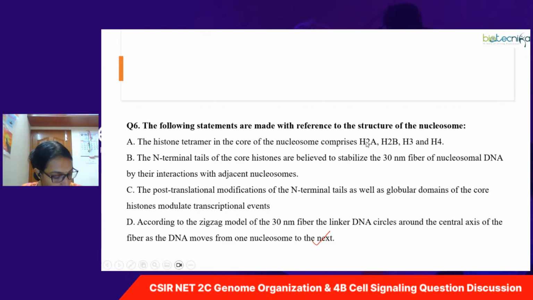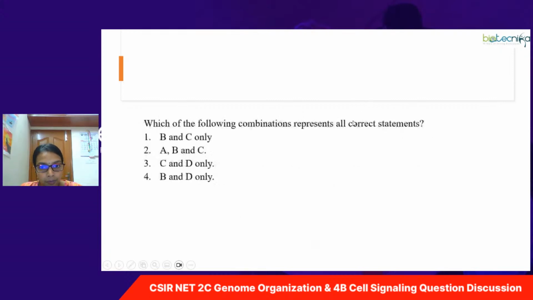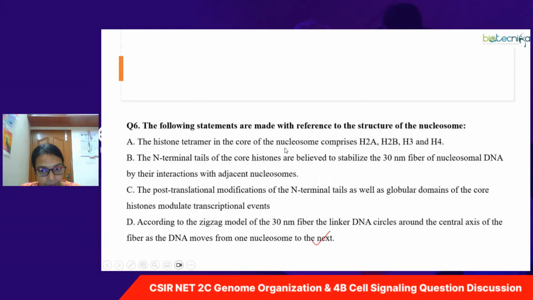Okay, I can see Reshma has given the answer as 2. What is 2? ABC. Okay. Read the statements properly. Maybe you'll be able to get the answer, because I have discussed the histones, the 30 nanometer fiber, the structure of these histone proteins, and also the zigzag model and solenoid model.